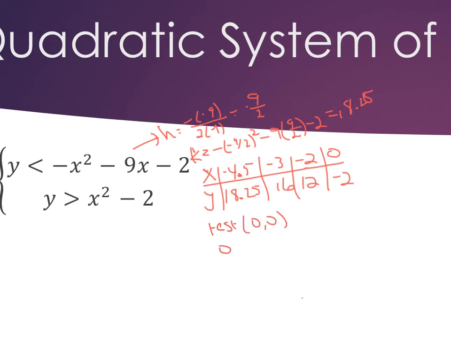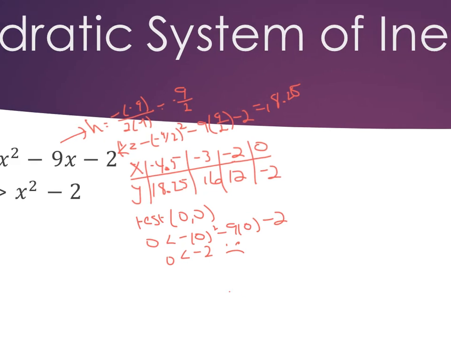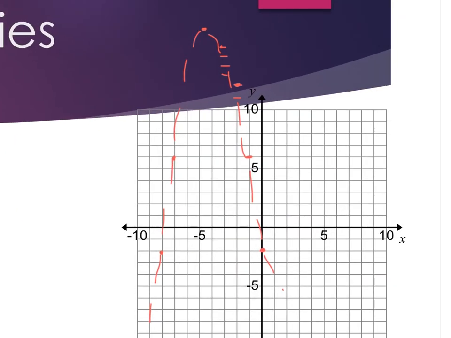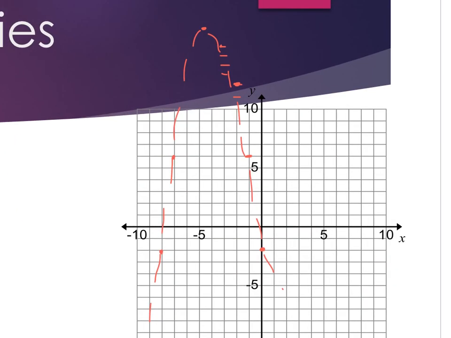So 0 is less than negative 0 squared minus 9 times 0 minus 2. Is 0 less than negative 2? The answer to that is no. So we're going to draw our arrows pointing away from 0, 0. Okay, so if 0, 0 is here, then my arrows point inside the parabola.